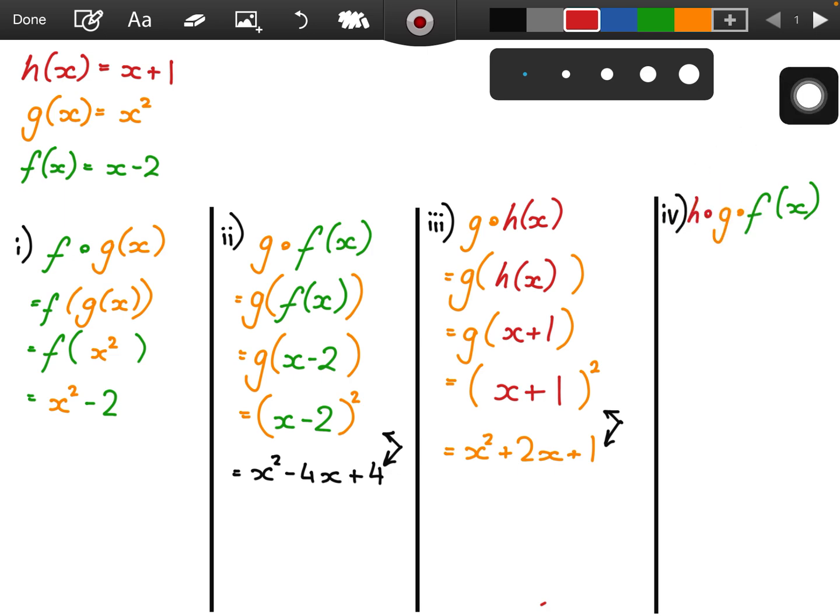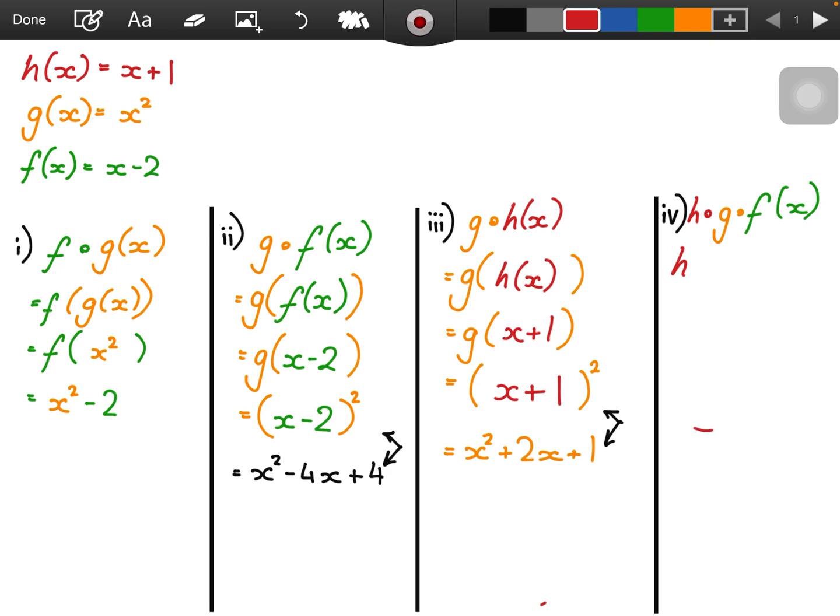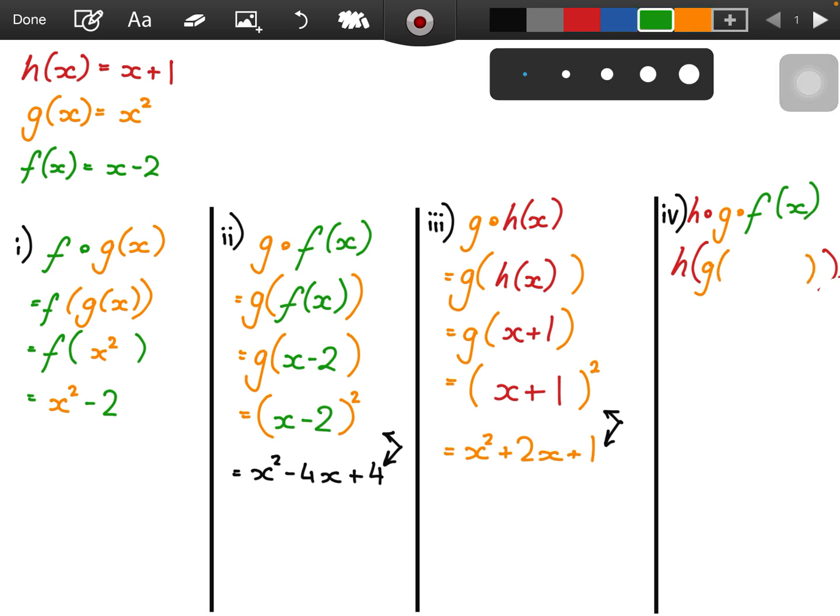Think about this like brackets: if we've got a few brackets, do the closest inside brackets that you can do first. So we always kind of read right to left here. So f of x is what we have to do first. Remember to read that circle as "after", so that you remember that h is what we're going to end up doing last.